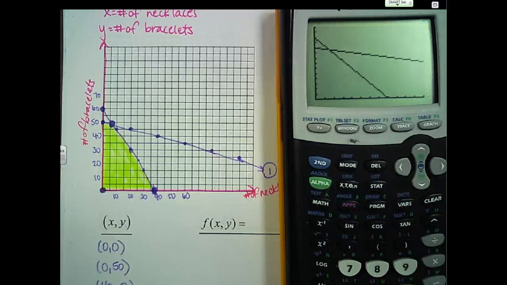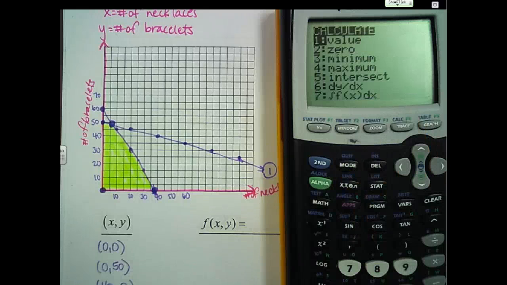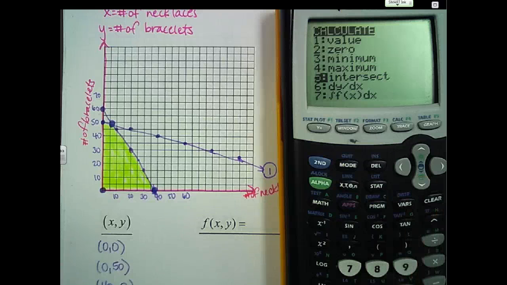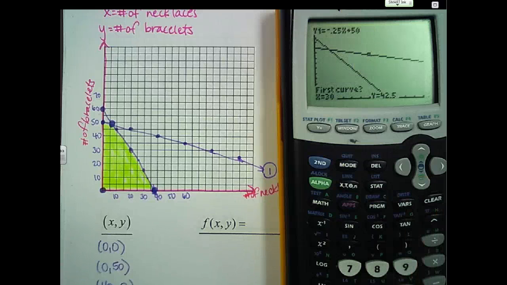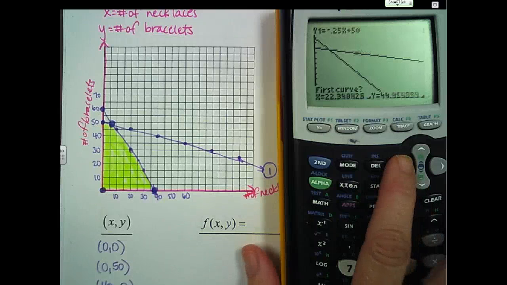Does anybody remember how to calculate the intersection? You can just look for a table. You go to second calc, because you want to calculate. And what do we want to calculate, guys? An intersect. So hit enter. It's going to say first curve. Okay, so I'm going to get closer to my point of intersection way over here. First curve means the first line.